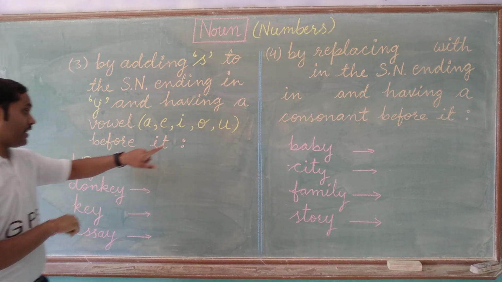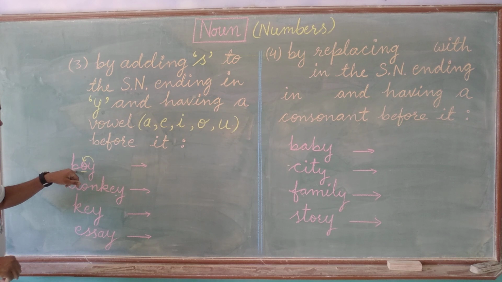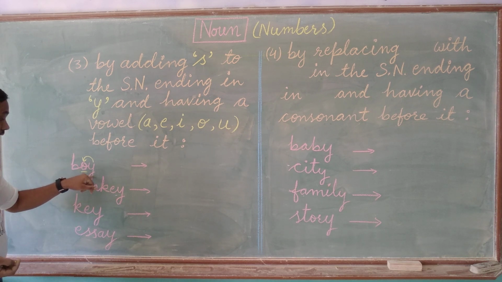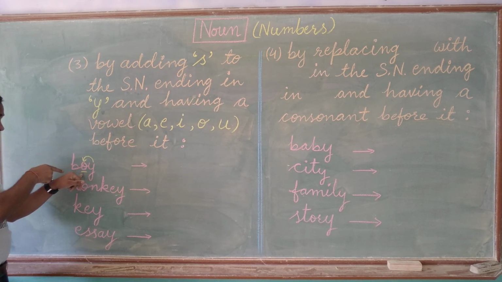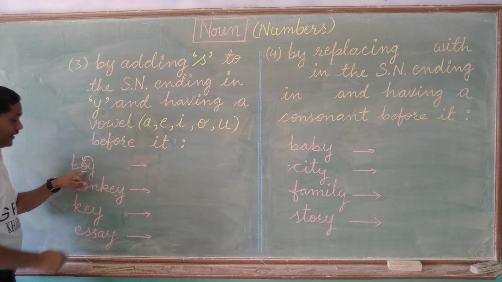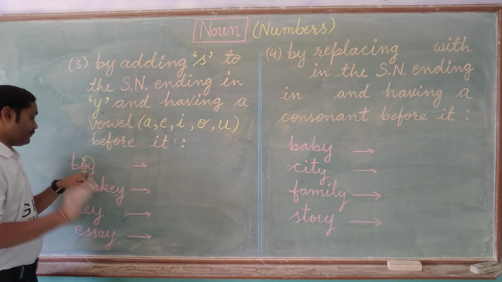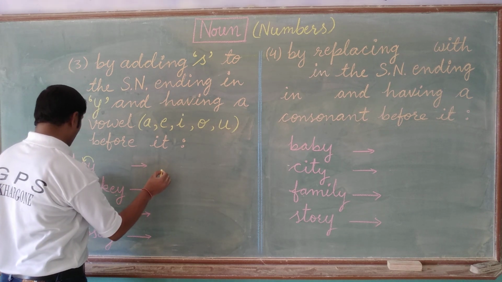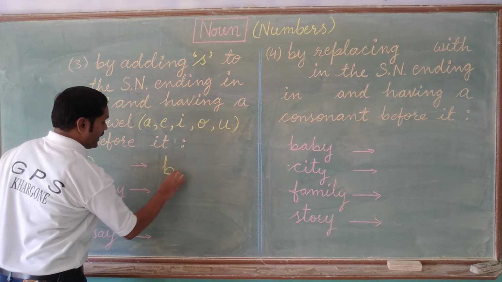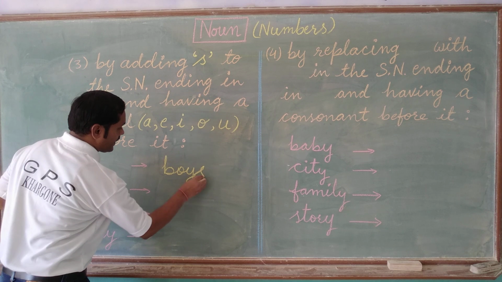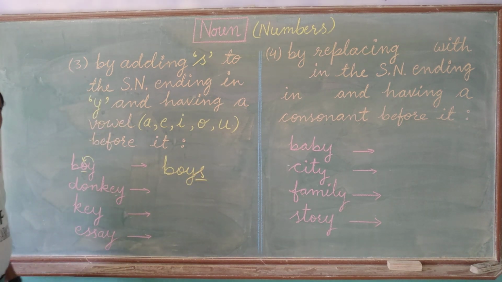So it is satisfying our condition that when any noun is ending with Y and having a vowel just before it, we will apply this rule. Nothing to do, we simply have to add only S. B-O-Y-S. Boys. Simple.